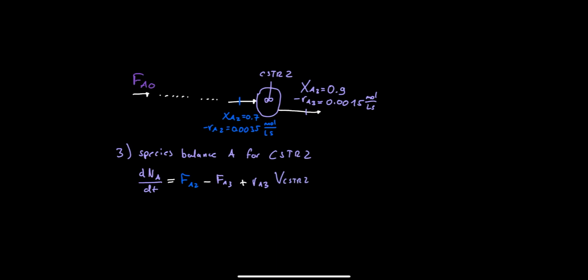Again, for the Fi terms, we will use FA0 times 1 minus the corresponding conversion of the species i.